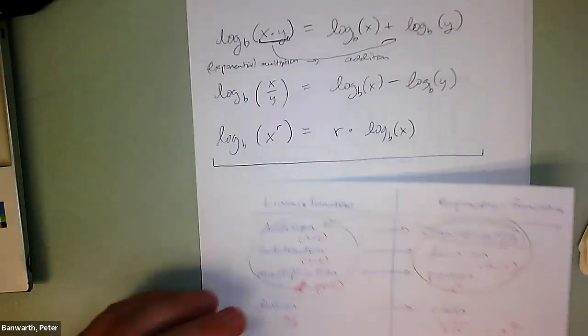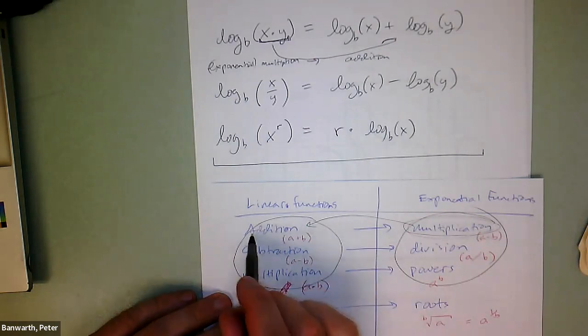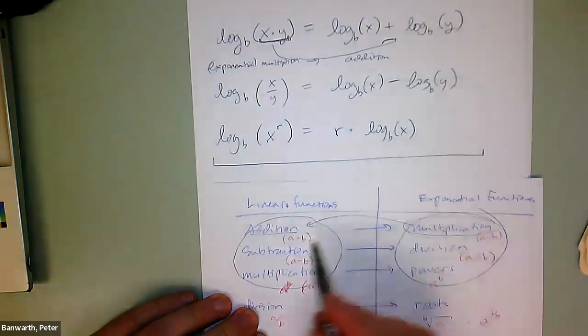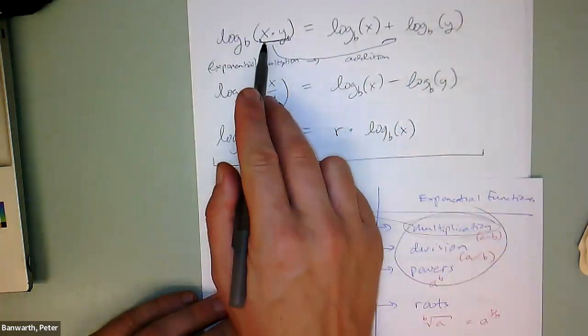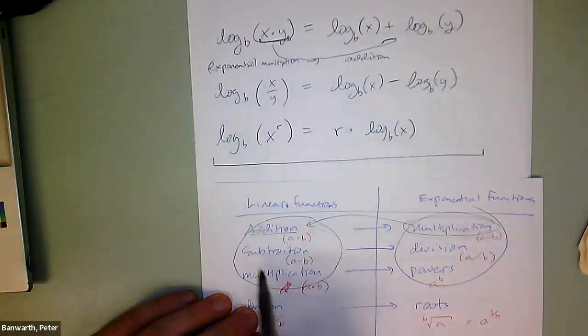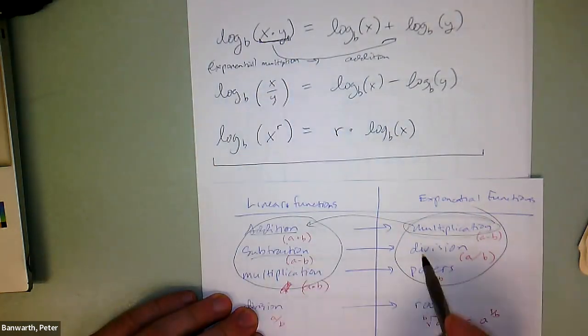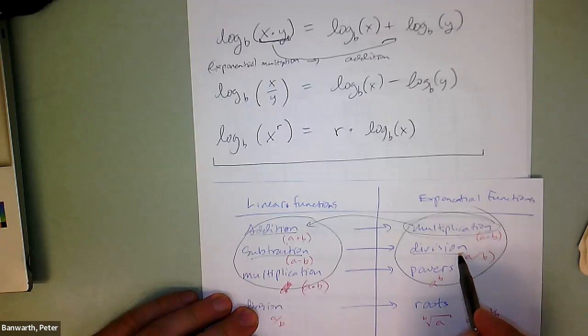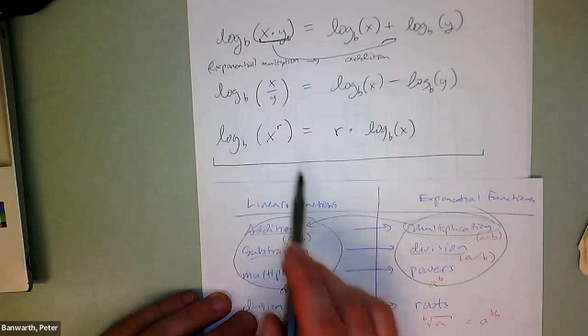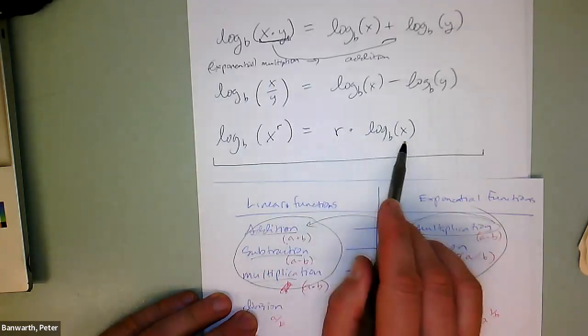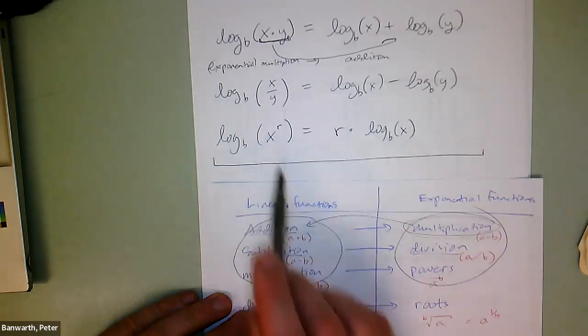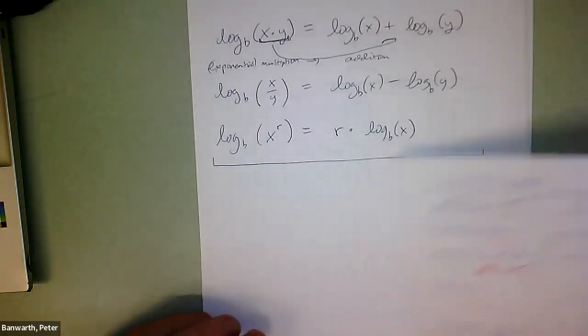If you remember that linear functions in addition correspond to exponential functions in multiplication, that subtraction in linear corresponds to division in exponential, and multiplication in linear corresponds to powers in exponential, that's going to be plenty.